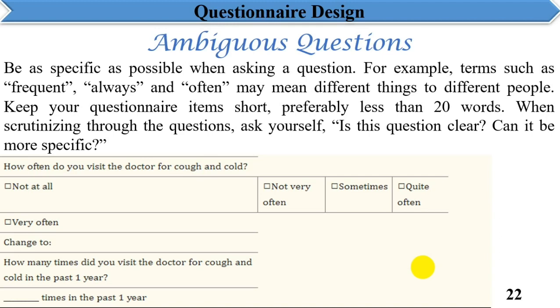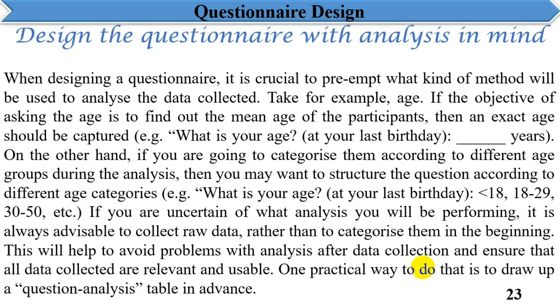This question should be, how many times did you visit the doctor for cough and cold in the past year? This question is specific. Are we there? The respondent is going to give an exact answer. So avoid ambiguous questions. The previous question is also obtained from the internet.